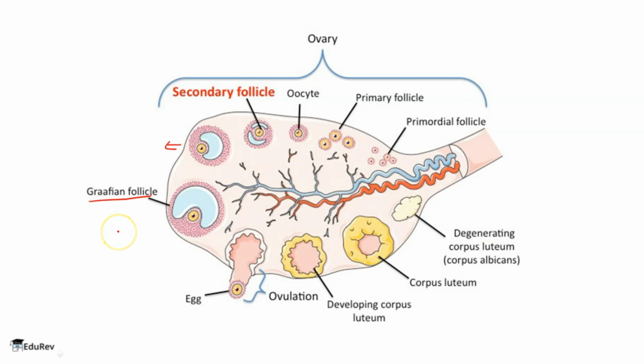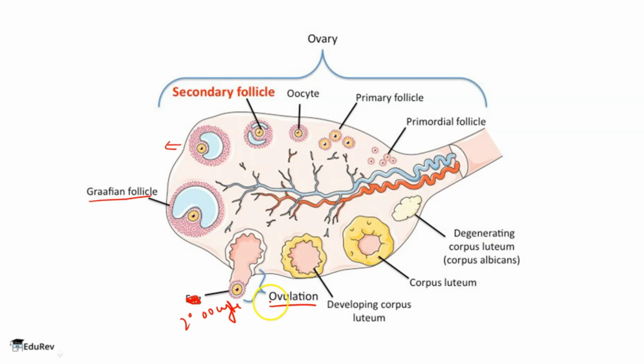In the ovaries, every month, one of the oocytes gets matured in one of the ovaries. Now the Graafian follicle ruptures. You can see here it gets ruptured and the secondary oocyte comes out. It is the secondary oocyte, not the egg. This process of the secondary oocyte coming out, or we can say rupture of the Graafian follicle, is known as ovulation.